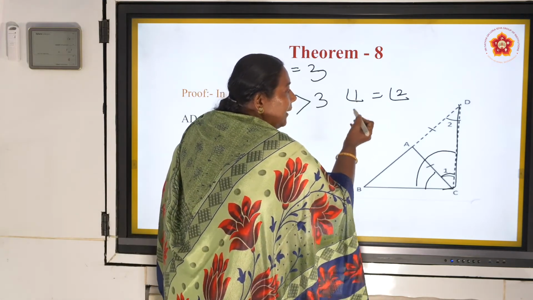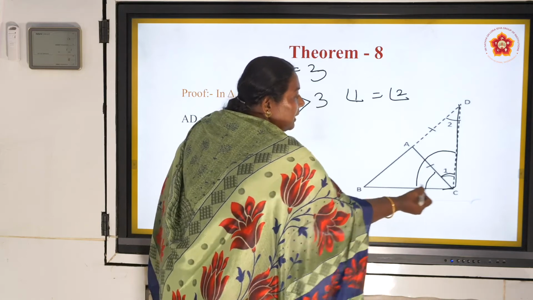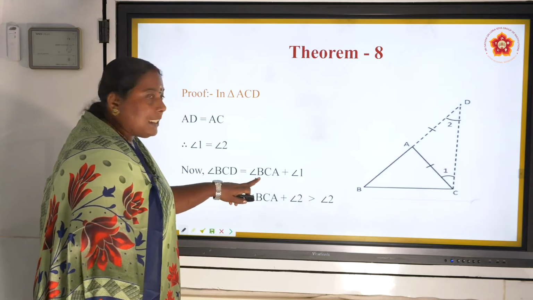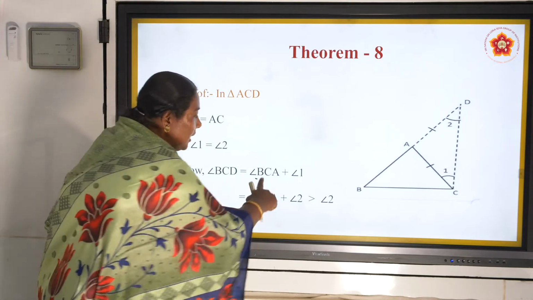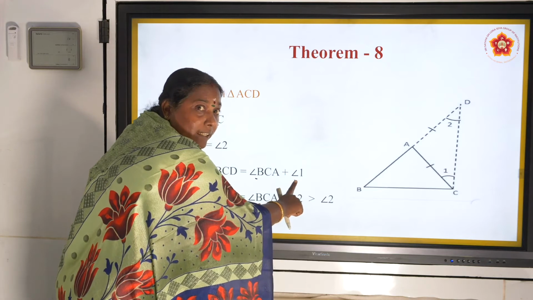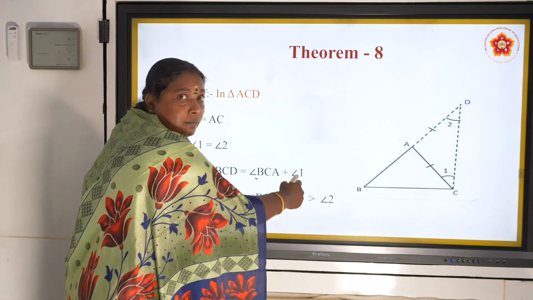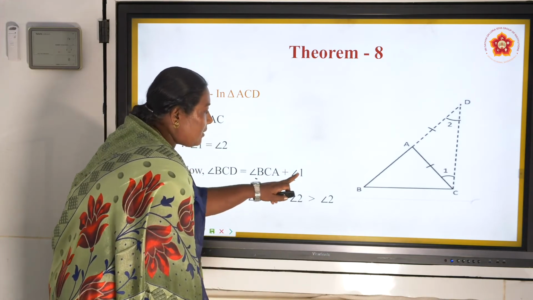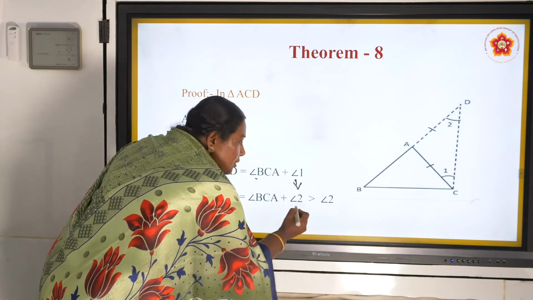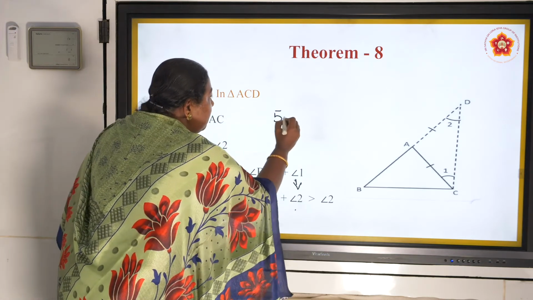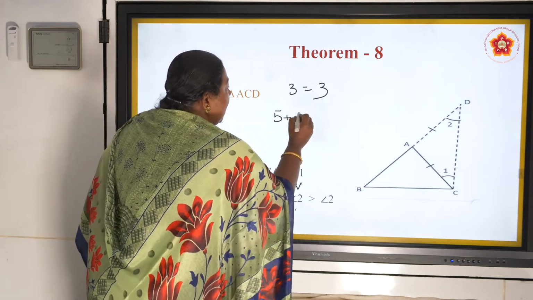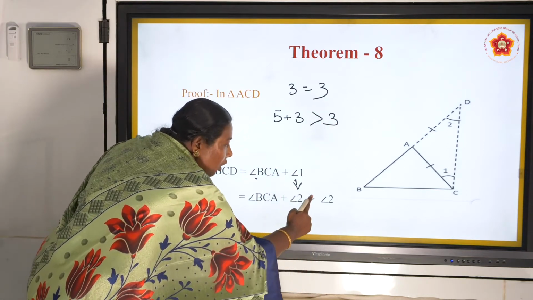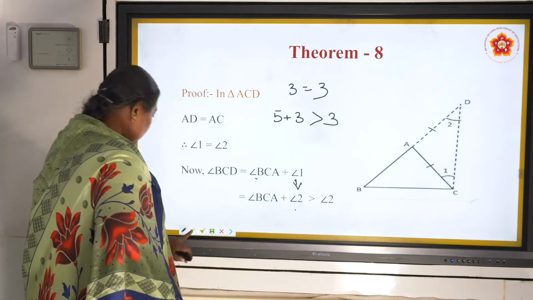For 1, I am giving one extra angle, that is BCA, so that BCA plus 1 is greater than 1. 1 is equal to 2. So BCA plus 1, instead of 1 I am writing 2. Same thing, 5 plus 3, 3 is equal to 3. 5 plus 3 is always greater than 3. BCA plus 2 is always greater than angle 2. Okay.